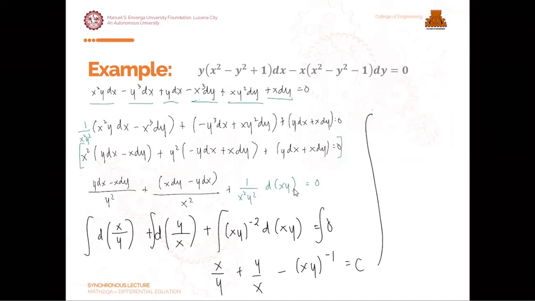So, this will now be x over y minus y over x minus 1 over xy is equals to c.